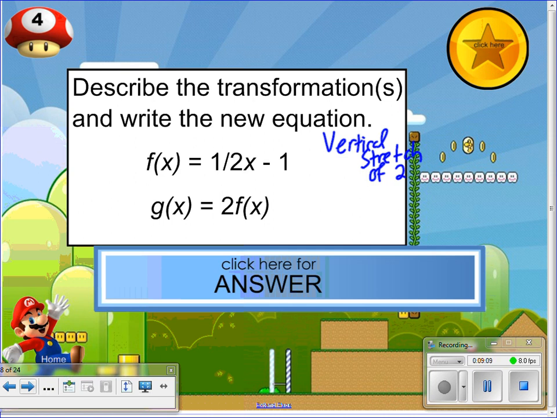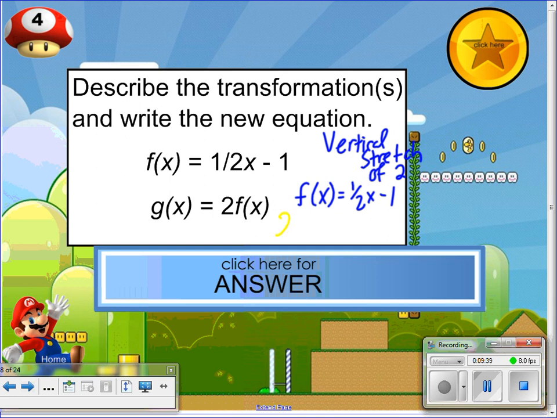So remember that when the number's on the outside, it wants you to take the old function, and then multiply the whole thing by 2. So we have f of x equals 1/2 x minus 1, that's what we're starting off with. Then we have g of x, which is 2 times f of x.